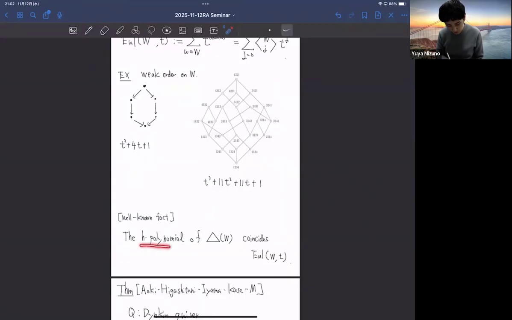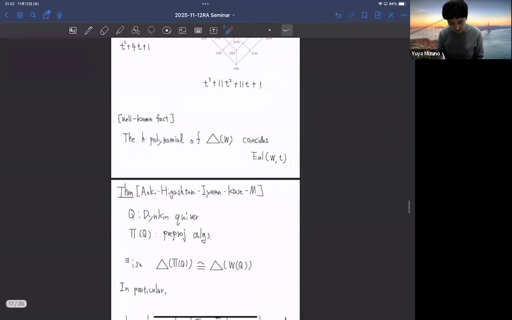The h-polynomial of the Coxeter complex coincides with this W Eulerian polynomial. It's a quite classical fact. And for us, the important point is that this quite classical notion is related to the recent notion in representation theory.